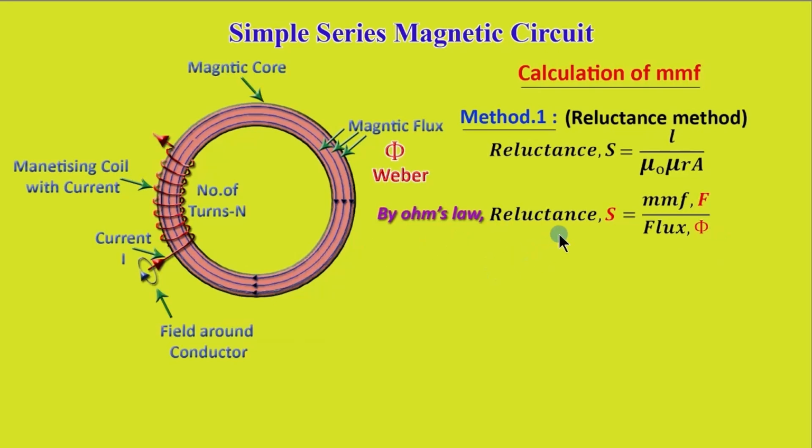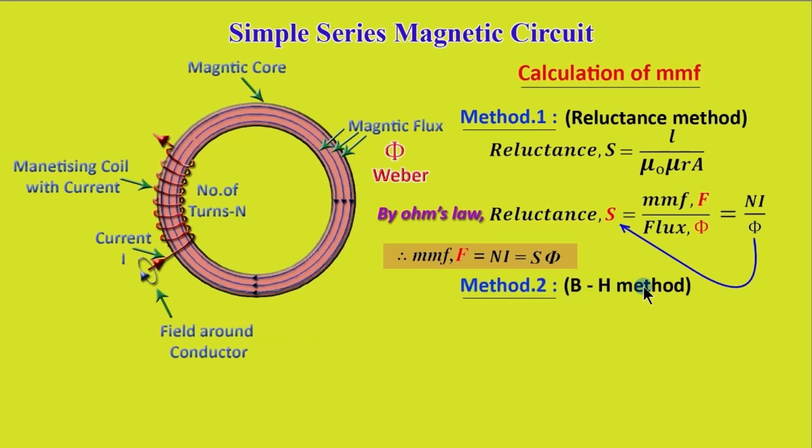Similarly, in a magnetic circuit, reluctance S is equal to MMF F divided by flux phi. We know that F is equal to N into I, that is number of turns into current. That is, MMF F is equal to N into I, which becomes S into phi when phi is brought to this side. N into I is equal to S into phi.